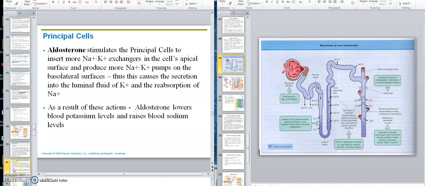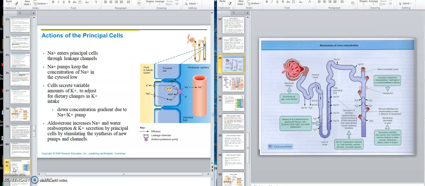So in the principal cells, sodium enters through leakage channels. You can see here, these are the principal cells, but these work if aldosterone is present. So I want you to read on that in the text.